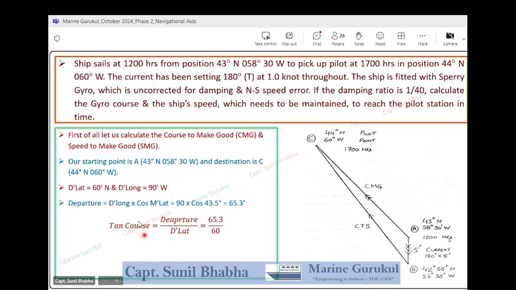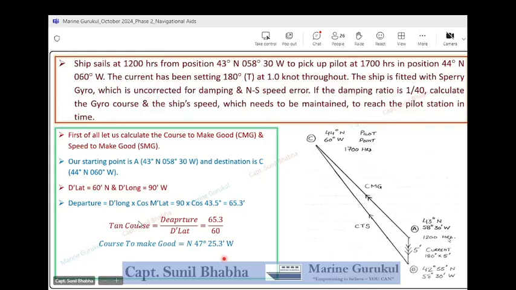Now using the tangent course formula from plane and parallel sailing, tangent course is equal to departure upon D-lat. So that gives us 65.3 upon 60, which gives us the course to be made good as 47 degrees 25.3 minutes.